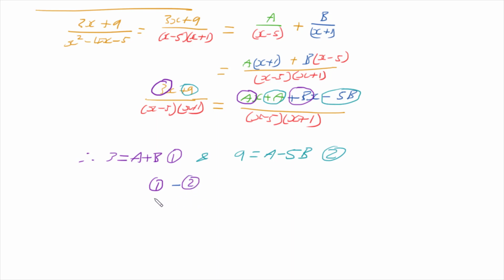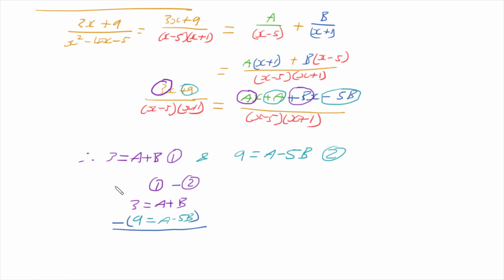So equation 1 is that I've got 3 equals A plus B, and I'm going to take away equation 2, which is 9 equals A minus 5B.